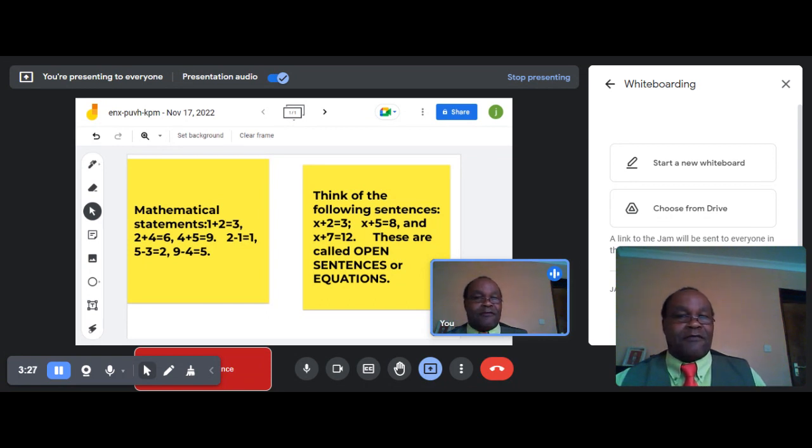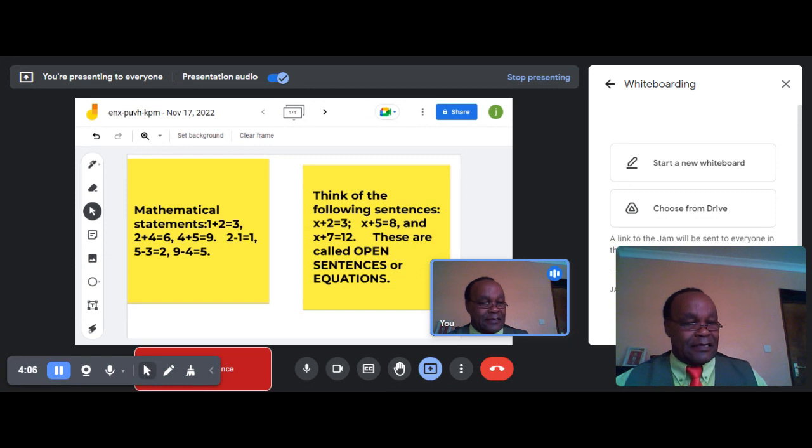Think of the following sentences, which I also have on the screen. x plus 2 is equal to 3. x plus 5 is equal to 8. And x plus 7 is equal to 12. These are examples of open sentences. And in mathematics, we call them equations.